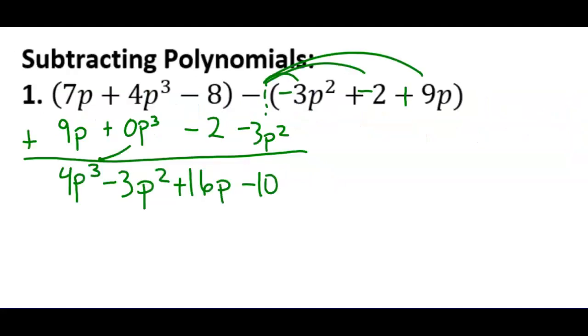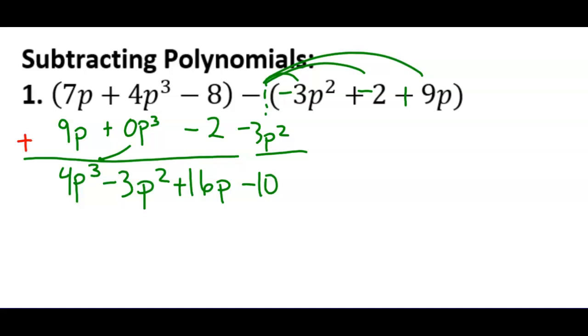Okay, for number 1, you should have got 4p cubed because I moved this 4p over. You should have got minus 3p squared because we brought that down. This adds up to 16p. This adds up to -10. And so your answer should have been this.